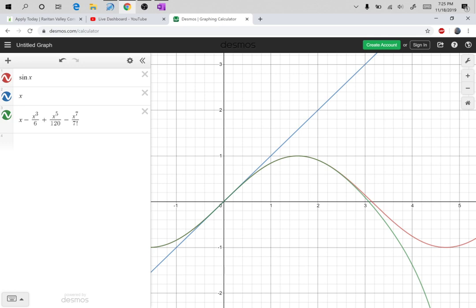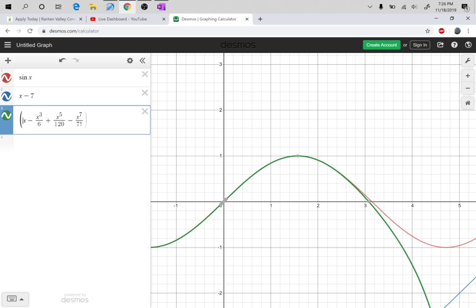So what I want to do here now is say sine of x minus 7. And now this is going to be annoying to change all of it, but such is life.